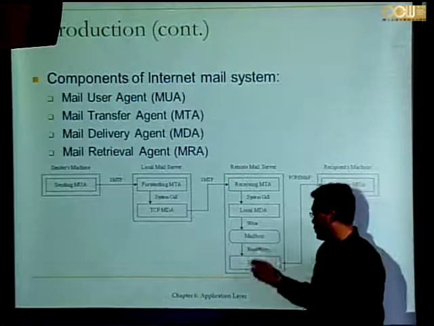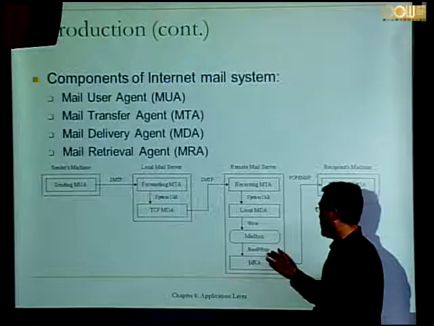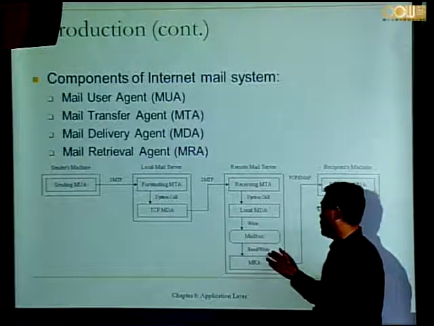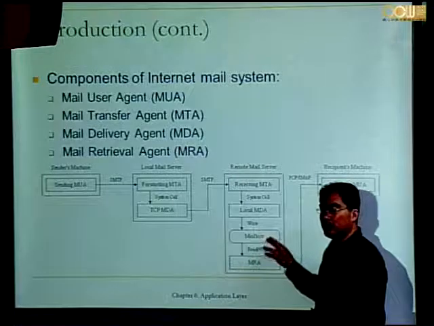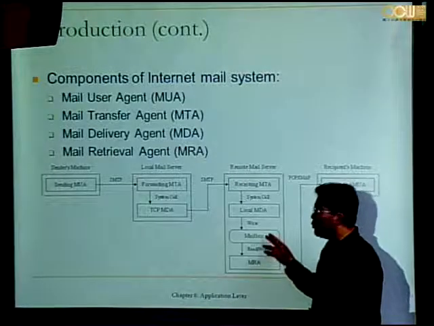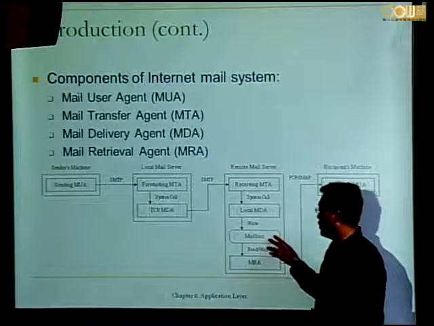It would read the mailbox, and it might write the mailbox. If it writes the mailbox, it would delete the mail, so after I read the mail, I delete my mail. Or I could manipulate my mail in the mailbox.